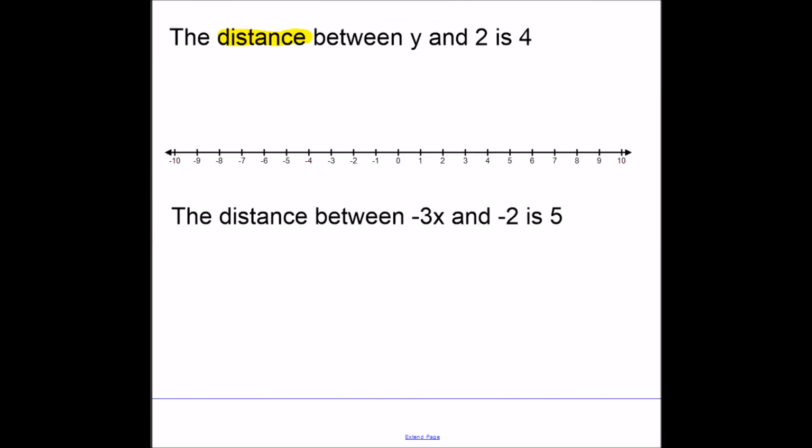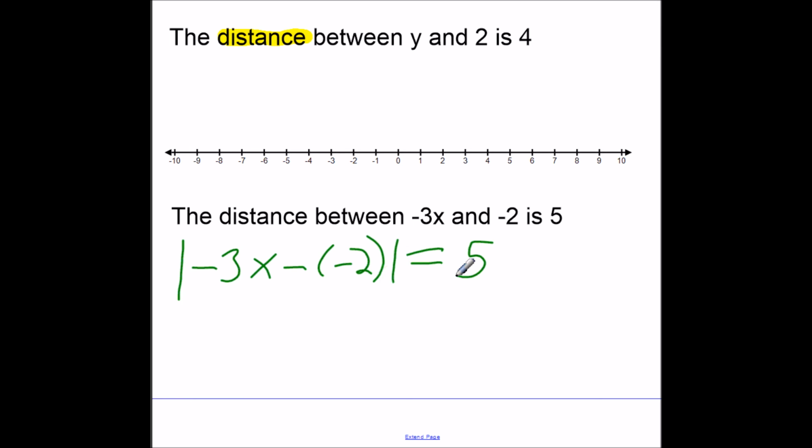I'm just going to use that definition, and I'm going to put the two things that I'm finding the distance between inside absolute value. I'm going to subtract them. So we've got negative 3x subtract negative 2 inside absolute value is 5.